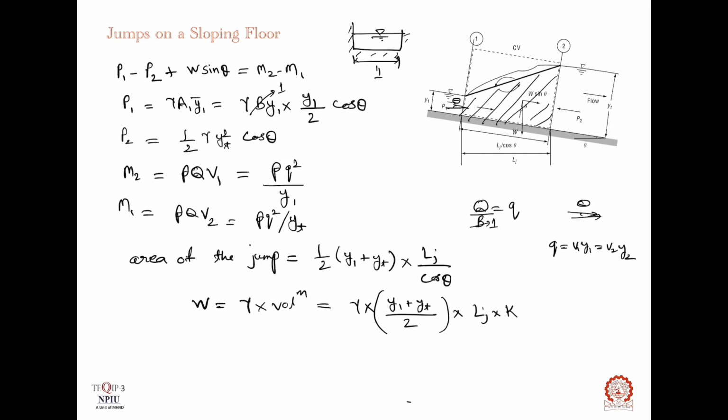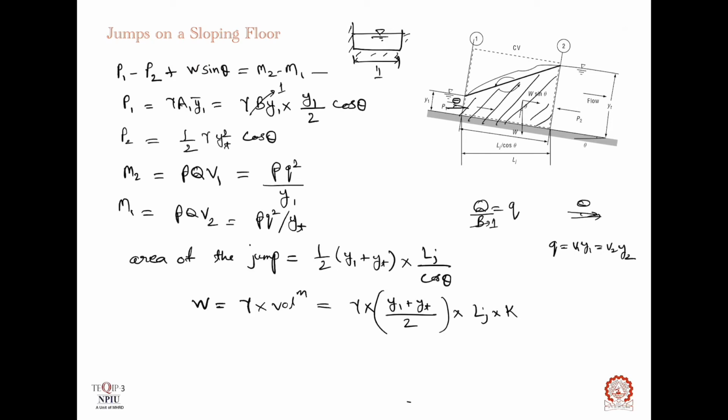Okay, that's why we are not taking the cos theta term here, and k accounts for cos theta as well as the profile of the jump. The momentum fluxes that we have taken here are rho q square divided by y1 and rho q square divided by y2. So substitute the values of p1, p2, m2 and m1 in this equation, and W also.